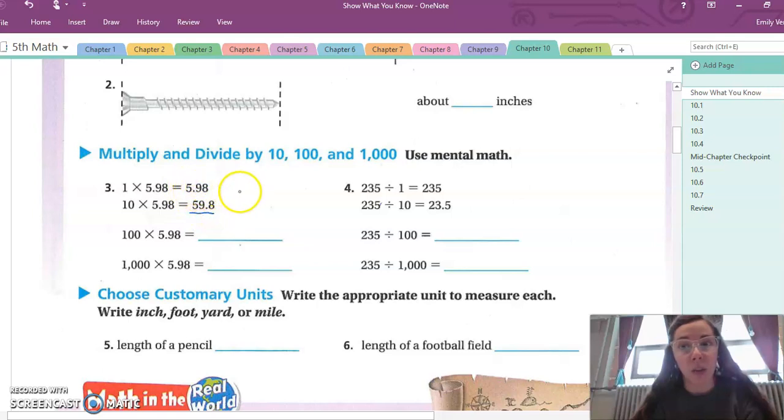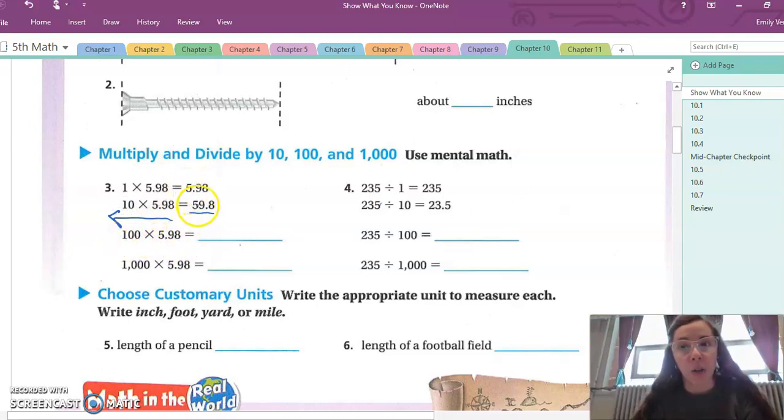So you can already tell which direction our numbers are moving between these two. Are they moving left and getting smaller, or are they moving right and getting bigger? They're moving right and getting bigger, aren't they? 5 is a lot smaller than 59. So our numbers are moving right. When you times, the numbers get bigger. So do that same thing here. Now we have 100 times 5.98.